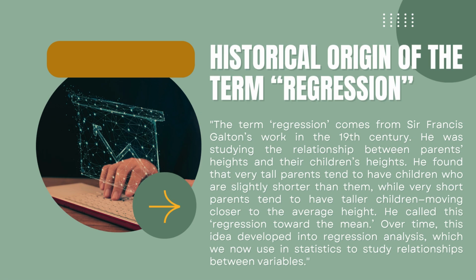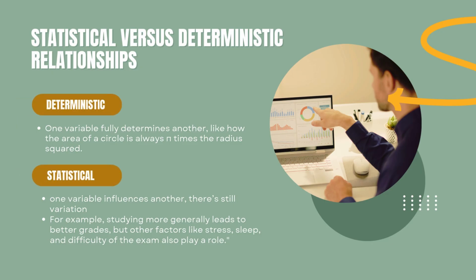Over time, the idea developed into regression analysis, which we now use in statistics to study relationships between variables. Now, let's talk about the statistical versus deterministic relationship. There are two types of relationship, which are the statistical and deterministic.